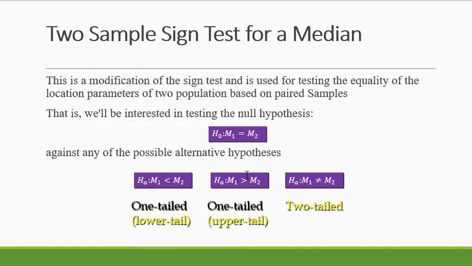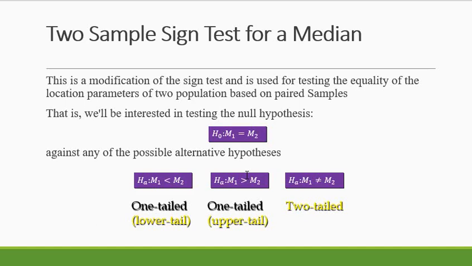The second test used in the median test is testing the equality of medians of two populations. Normally, instead of one difference as in the usual independent t test, this is equivalent to the paired t test. We take the two samples as observations based on paired samples.